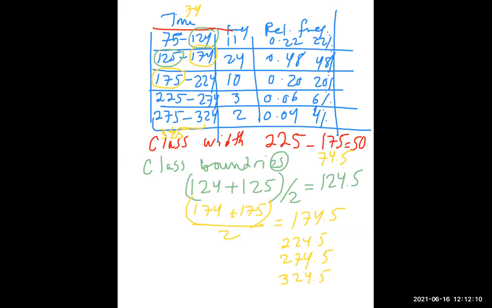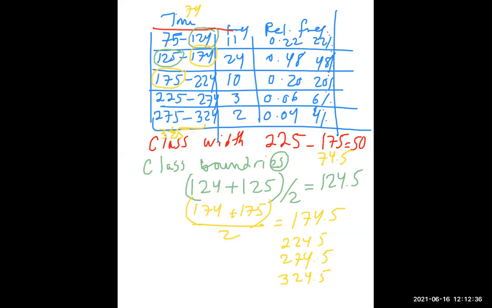The last part, you mean the class boundaries before and after? So 75 is the ending. Every time to find the class boundary, look at the green circles. 124, add to the beginning of the next class, that's 125.